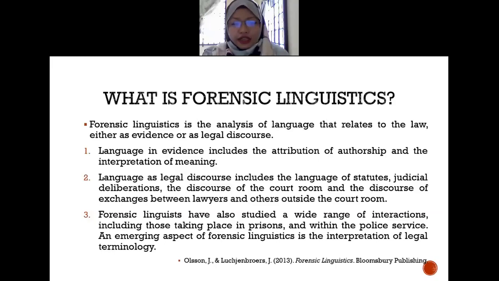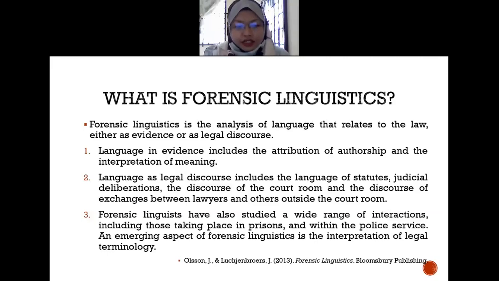And then language as legal discourse includes the language of statutes, judicial deliberations, the discourse of the courtroom, and the discourse of exchanges between lawyers and others outside the courtroom. Forensic linguists have also studied a wide range of interactions, including those taking place in prisons, how police interrogate prisoners, or the language of the prisoners within the police service itself.